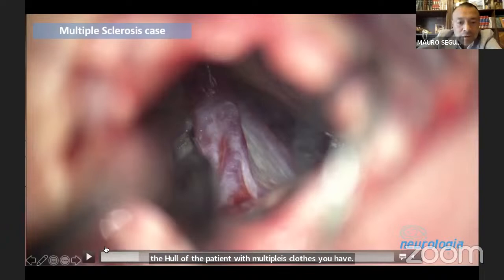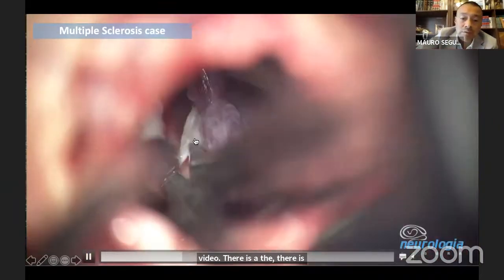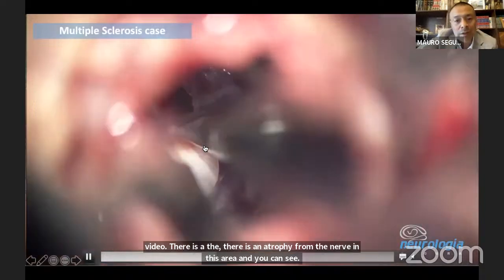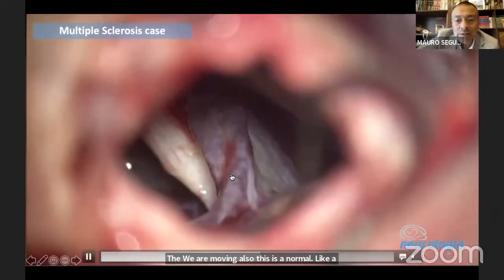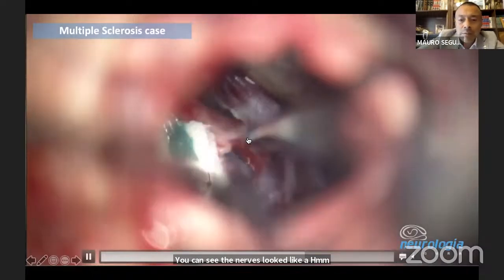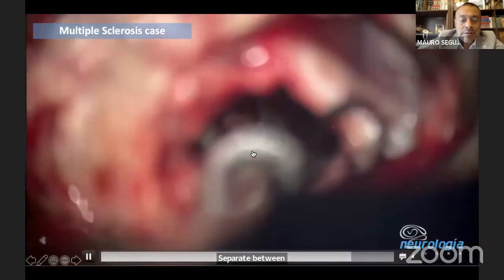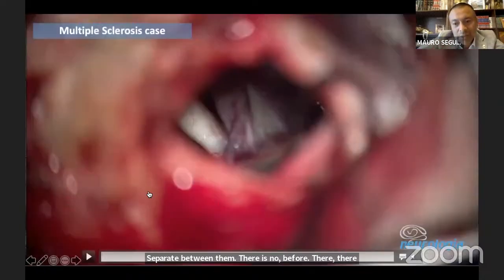Of course, as you can see in the video, there is demyelination, there is atrophy of the nerve in this area, and you can see we are removing the arachnoiditis, which is like a viscous layer. You can see the nerve looks like fillets, very separated from each other. There was no surgery before. There was no gamma knife before. And besides that, of course, the patient has vascular compression.